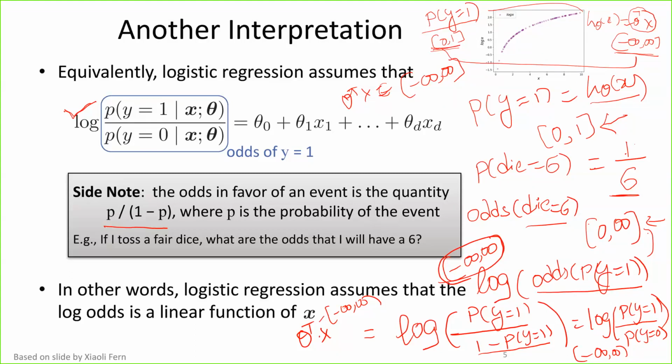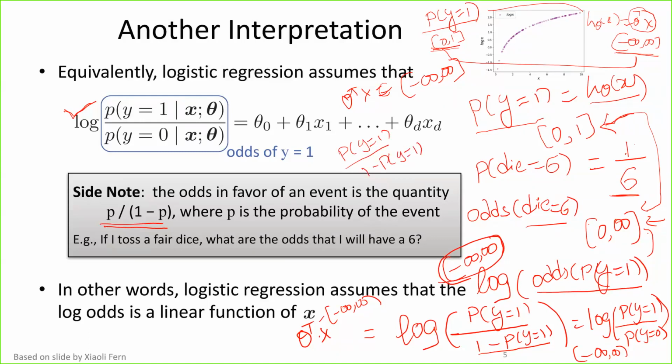So now one step we are taking here, mapping this 0 to 1 range into the range of 0 to infinity. How are we doing this? Instead of taking the probability of y equivalent to 1, we are taking odds of y equivalent to 1. Odds is p by 1 minus p. So odds of y equivalent to 1 is probability of y equivalent to 1 divided by 1 minus probability of y equivalent to 1.